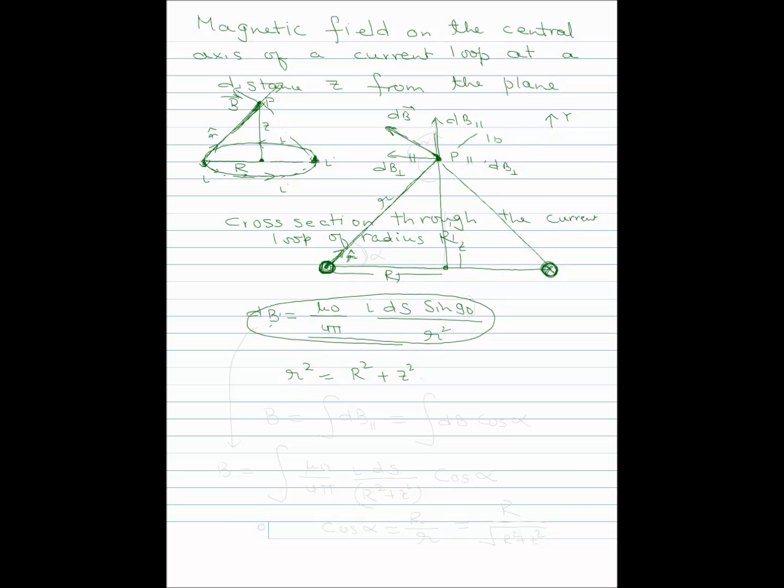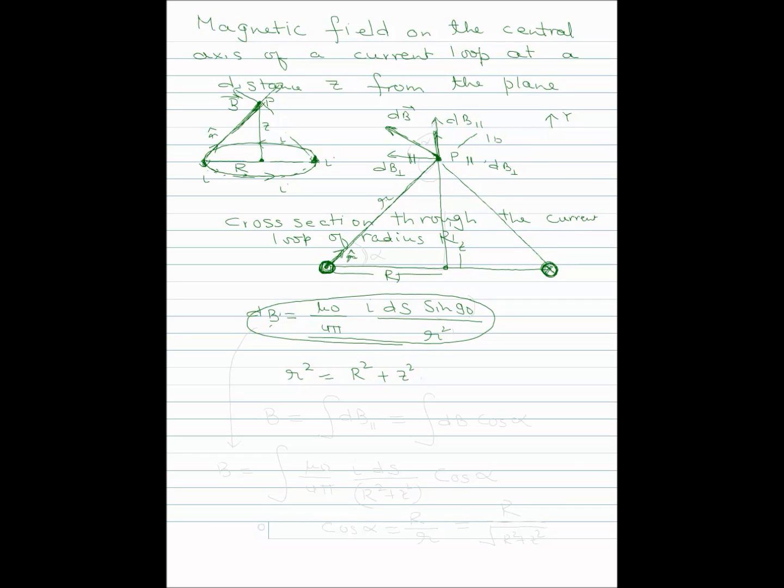So in other words, all we need to take into account is the parallel component. It's only the dB parallel that survives, because for every part of the wire there will always be another part of the wire that will cancel the perpendicular component.